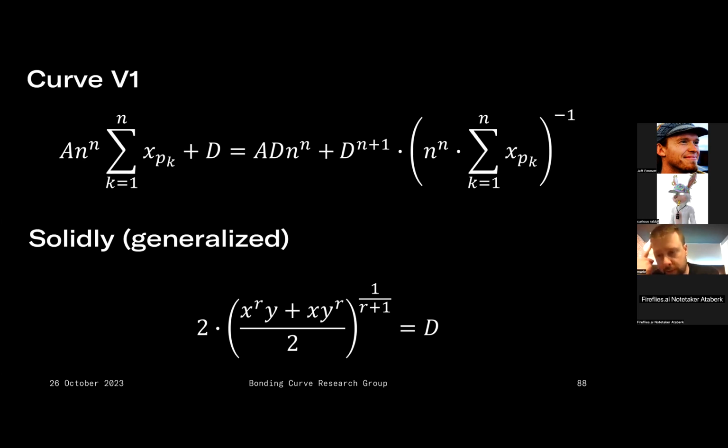One of them is well known, which is the Curve V1. I've modified it a little bit from the way that it appeared in its first white paper by Michael Egorov, but it's known. The Solidly one that I'm providing here, you actually would not have seen before because it doesn't exist anywhere, not even in the Solidly documents.